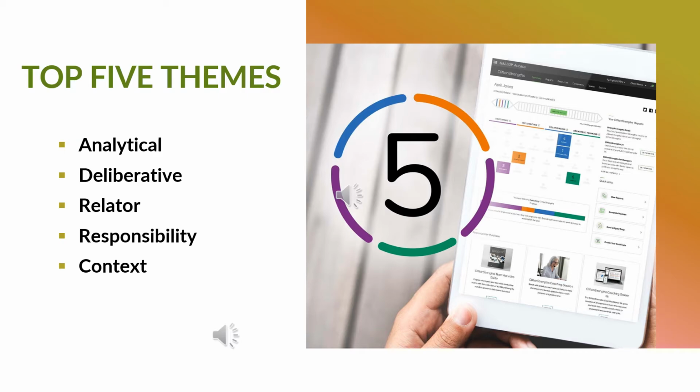The assessment measures an individual's natural patterns of feeling, thinking, and behavior and unique talents, and classifies them into 34 Clifton strengths themes. A report is then generated and an individual's top 5 strengths are identified. My top 5 strengths were analytical, deliberate, relator, responsibility, and context.